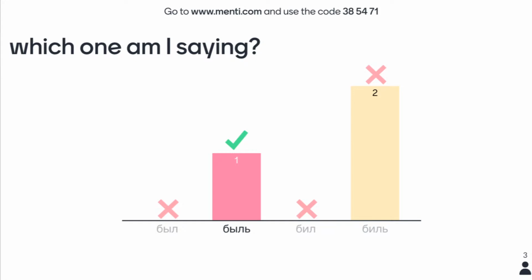No, you are correct. It's быль. Now this syllable here is биль, which is incorrect. My first consonant is soft, but I pronounced the hard one. Быль. I think I have another example.